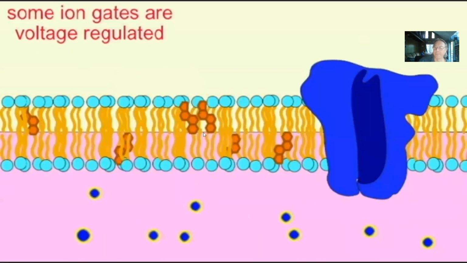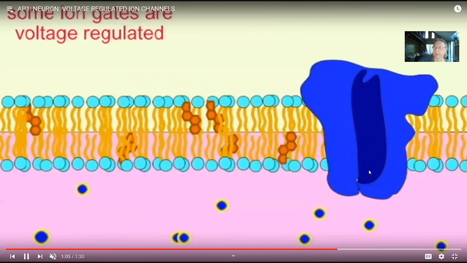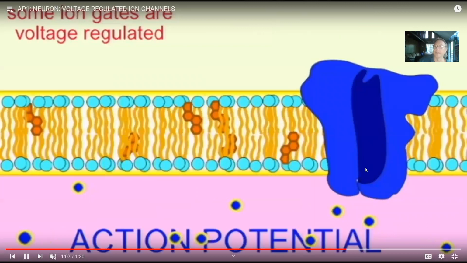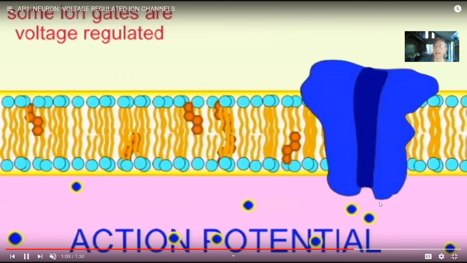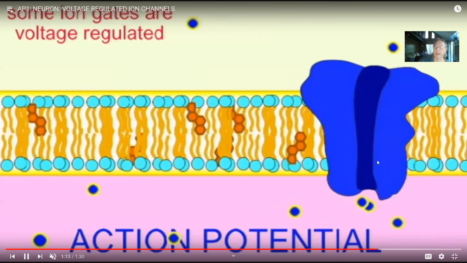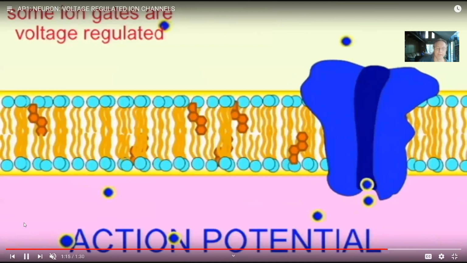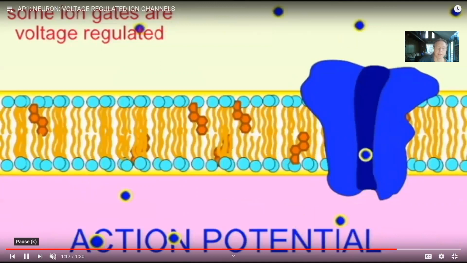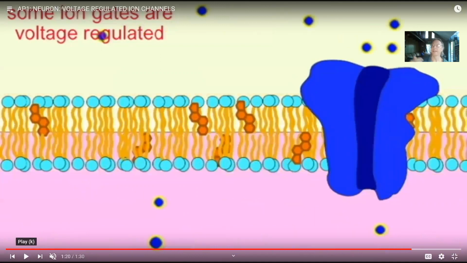However, this gate is closed at the resting membrane potential. But then during the action potential, once again, it will open, and now the potassium ions are permitted then to go from an area of high concentration to low. And so the sodium-potassium exchange pump establishes a resting membrane voltage with sodium outside and potassium inside.